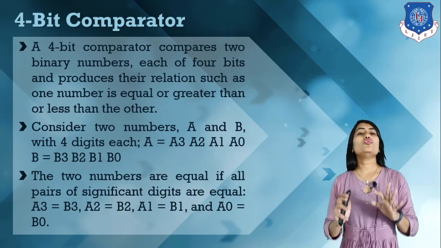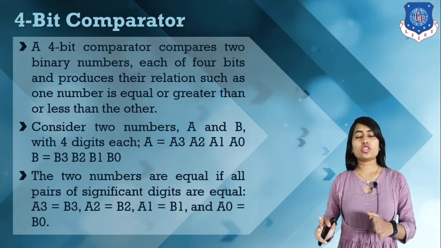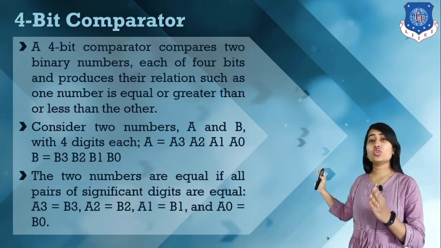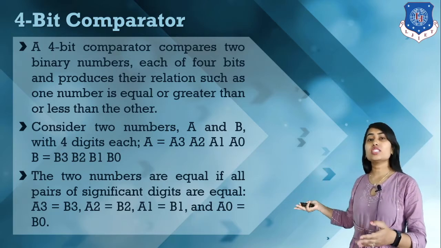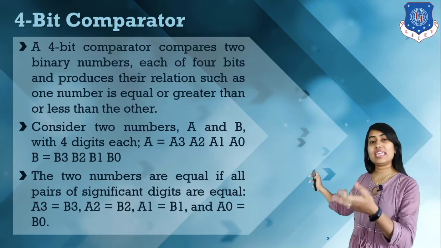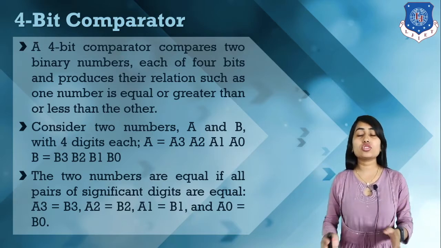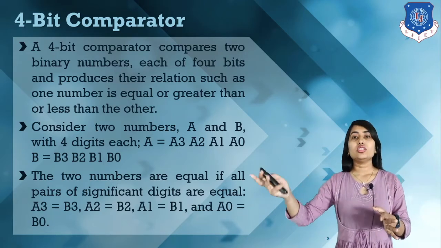For a 4-bit comparator, if we make a truth table, for number A, having 4 bits, we have a total of 16 possible combinations, and for B we also have 16 possible combinations. For A and B together, 16 times 16, we have a total of 256 combinations. So we can't make a table as we did for the 2-bit comparator.